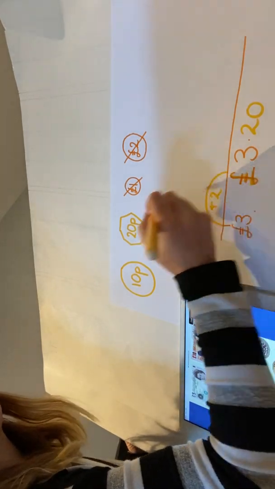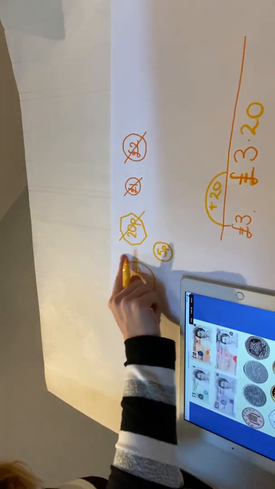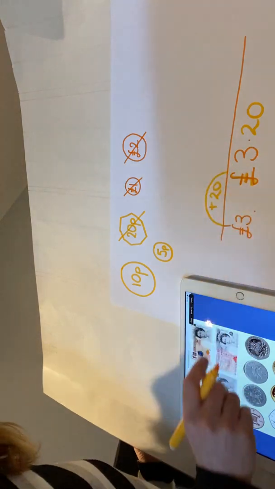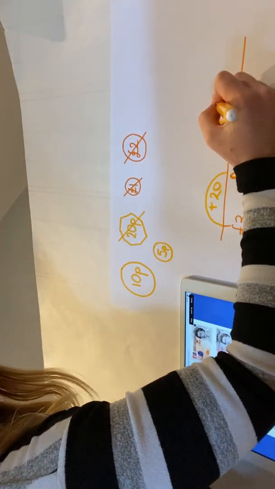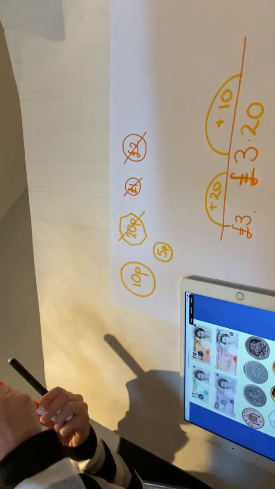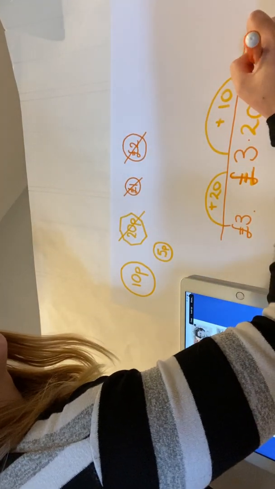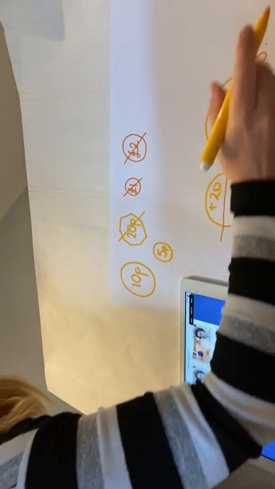So I've added my 20 and cross it out. Now I need to add my 10. Now I'm only adding 10 pence, so the only thing that would change at the moment is my pence. So we've still got our £3 there. And then we've now got 30 because our pence has changed.